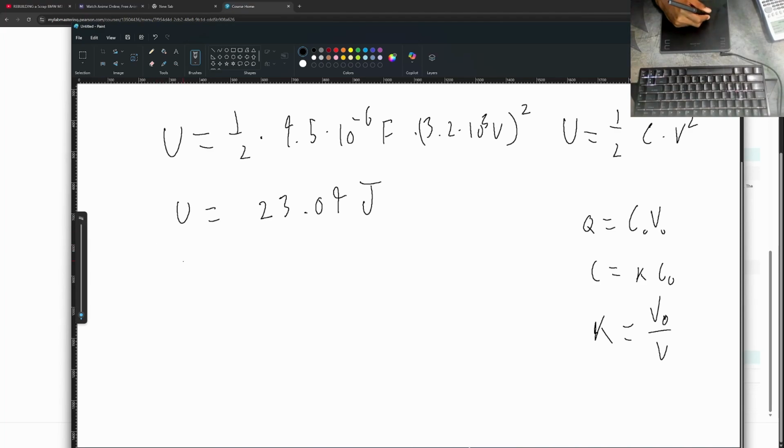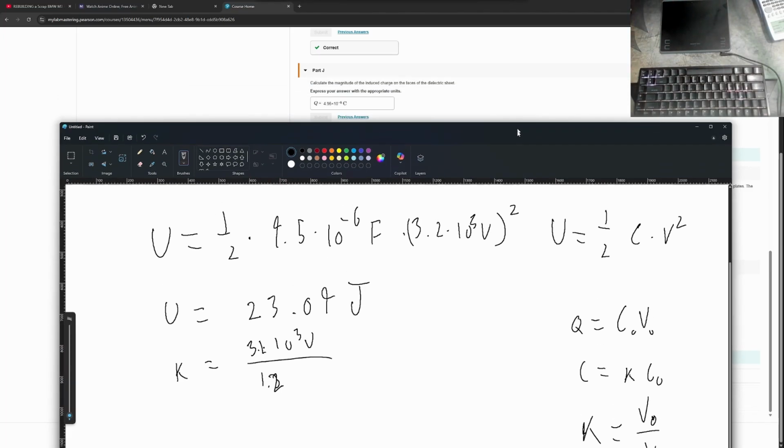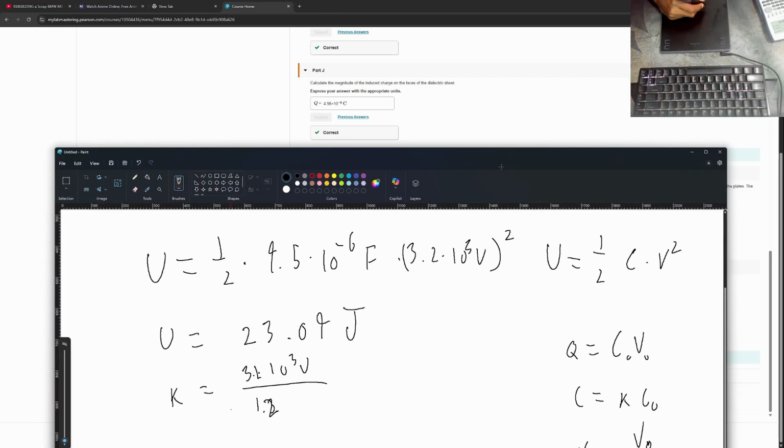And so we can write this as the dielectric constant is equal to 3.2, sorry, and then what's the other one? 1.2 kilovolts. So that's 1.2 times 10 to the power of 3 volts.